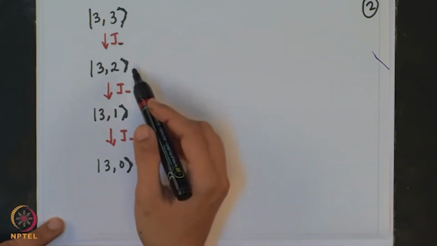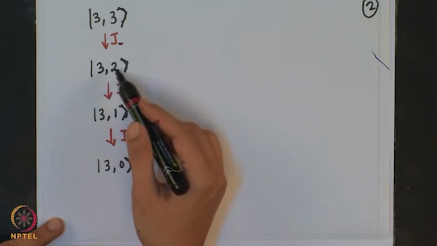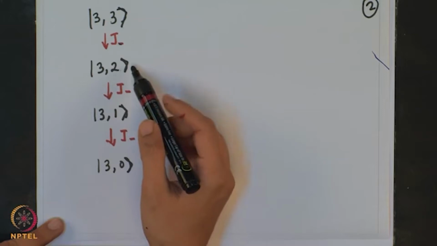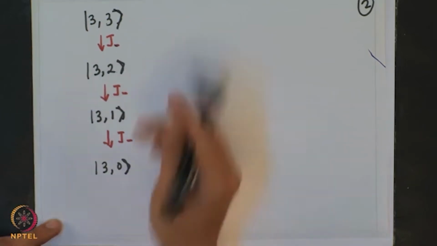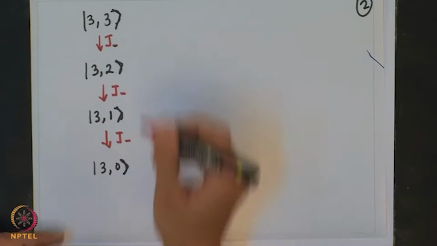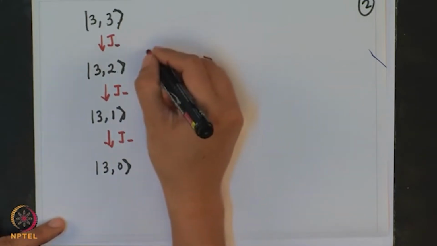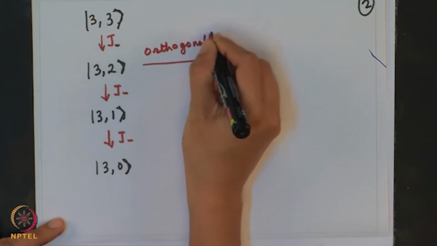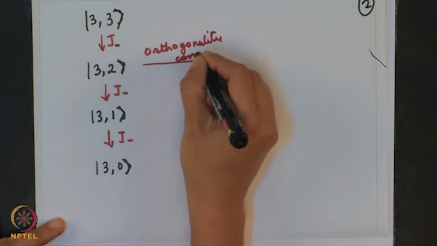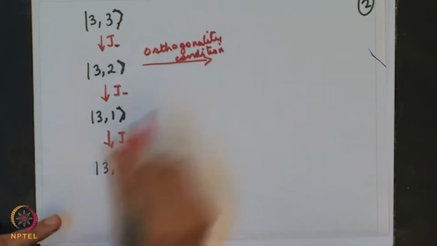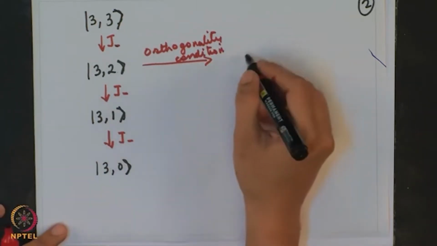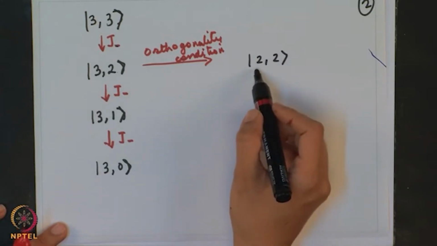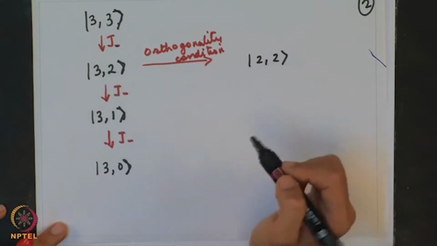And now for this particular state, this 3 2 will be a combination of some terms. On operation of the orthogonality condition, if I use it, you can find out the coefficients of state 2 comma 2.